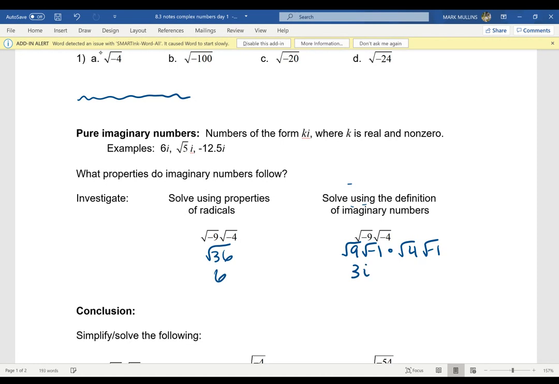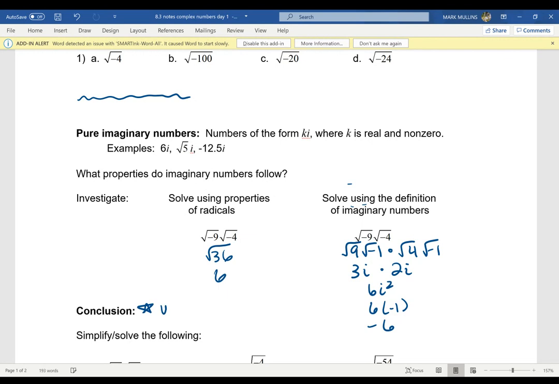So this would be 3i times 2i, which would be 6i squared, which is 6 times -1, or -6. So our conclusion is that they don't really follow those same properties until I factor out that -1 first.